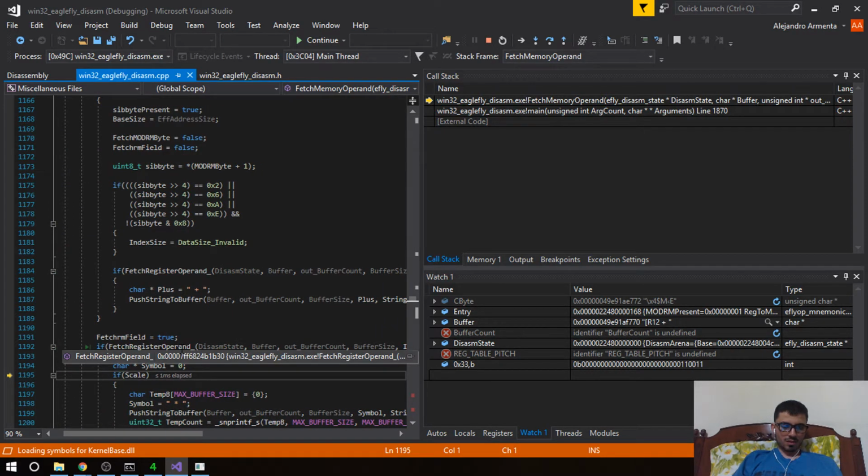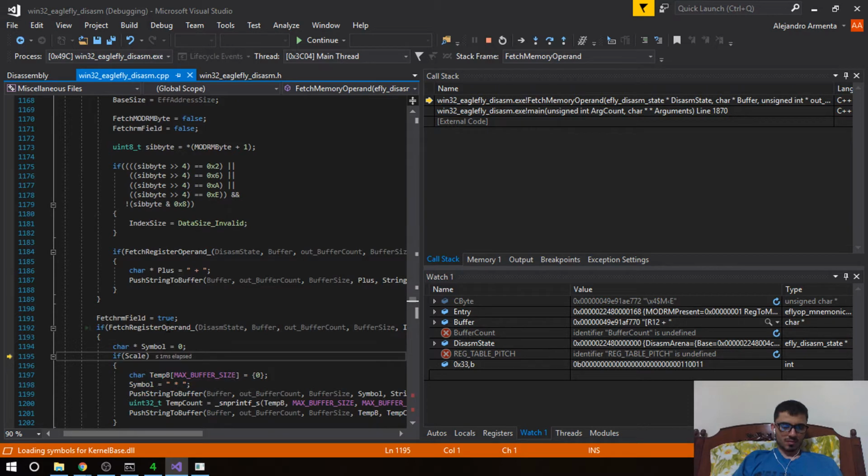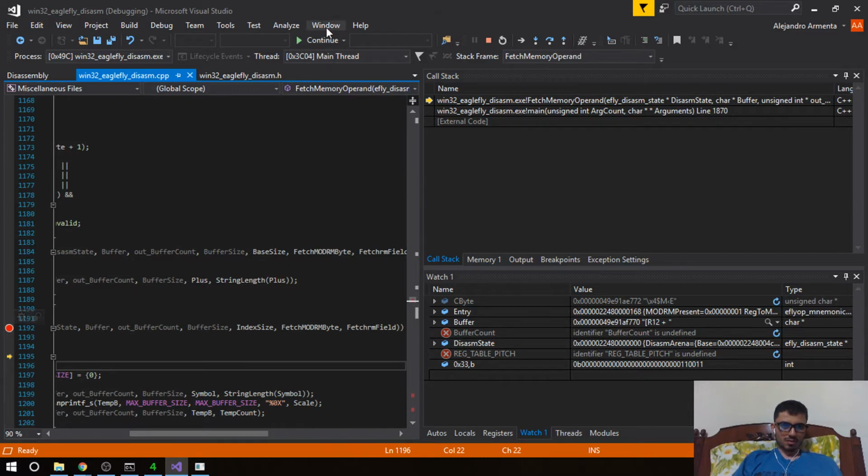Now I don't know why it returned true since we are not getting an index.